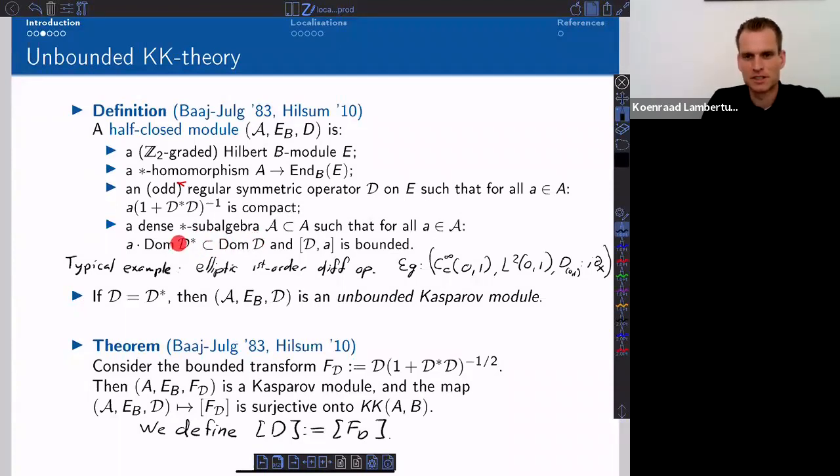The adjoint of D will then be the maximal extension. So the elements in the domain of D star are allowed to have arbitrary values at the boundary. But now if we multiply by a function A, which is compactly supported, then in particular, this function vanishes at the boundary. So the product vanishes at the boundary and we end up in the domain of D. Okay, so this works. And we have a nice half-closed module.